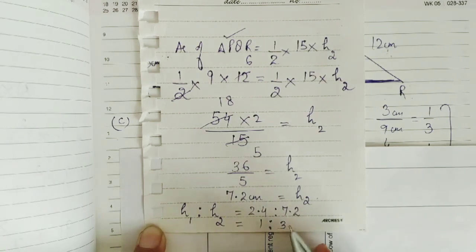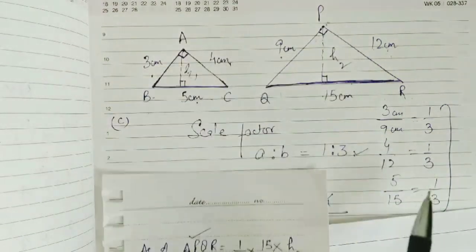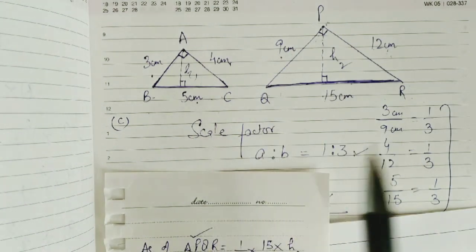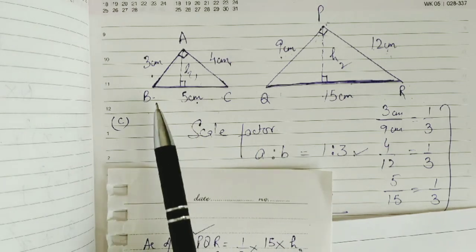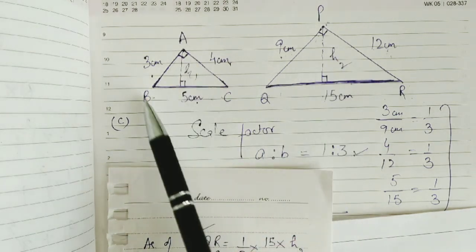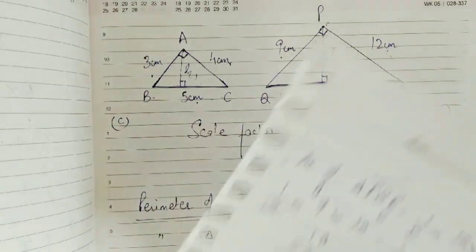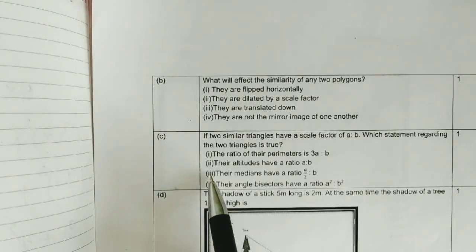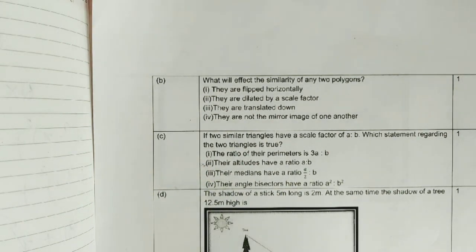So we know whenever two triangles are similar, the scale factor for their sides would also be the scale factor for their altitudes, for their perimeters, for medians, and for angle bisectors. So undoubtedly the answer to the C part is option number 2. Part number 2 is the right answer.